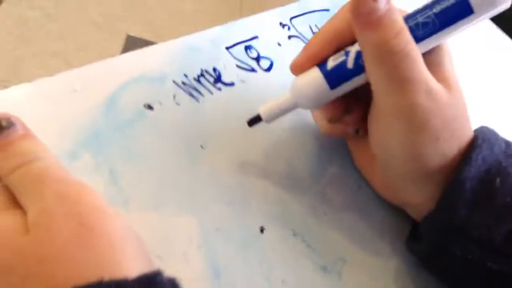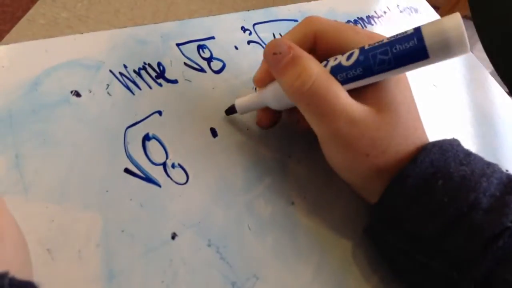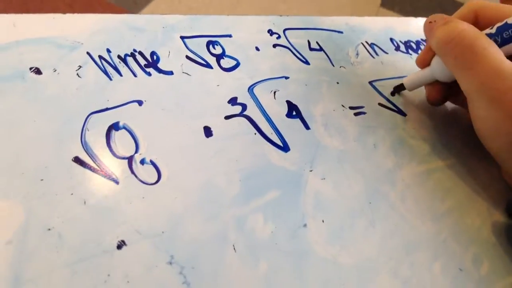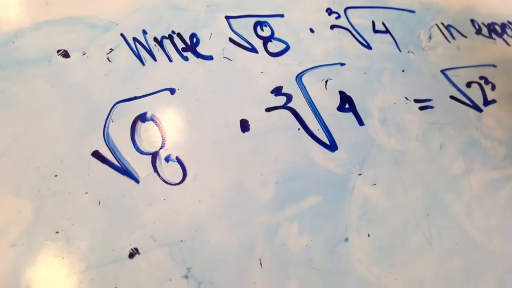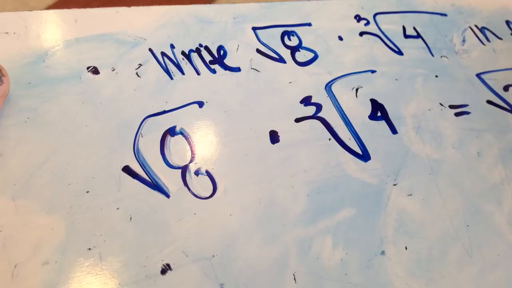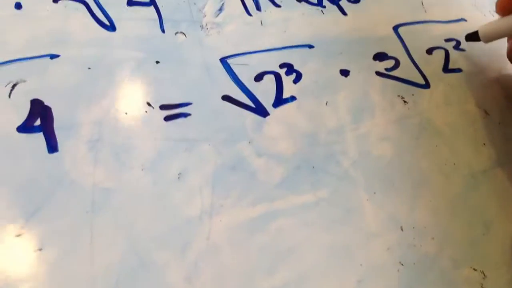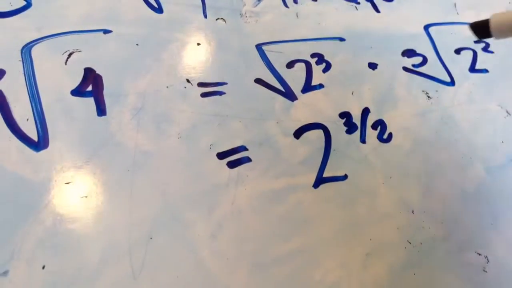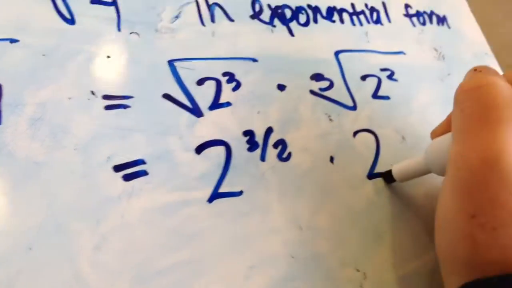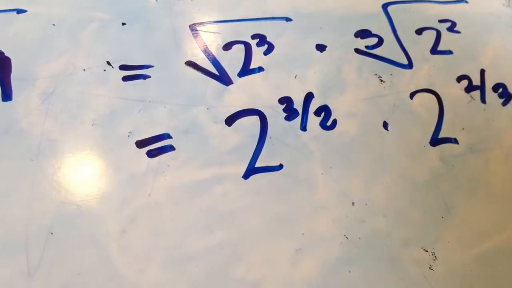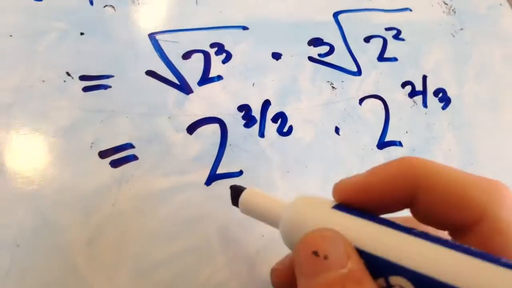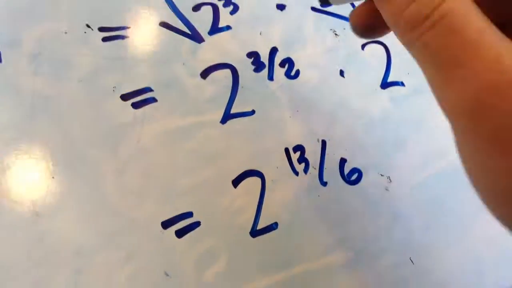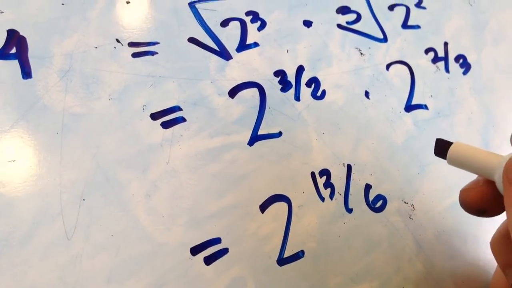So our first step is we're going to do the radical 8 times the cube root of radical 4, which equals radical 2 to the 3rd times the cube root of 2 squared, and that equals 2 to the 3 over 2, because that's the same thing, just getting rid of the radical, times 2 to the 2 over 3, because there's the cube root there and that's squared, so you just pull it out, and then that equals 2 to the 13 over 6, because you multiply the fractions.